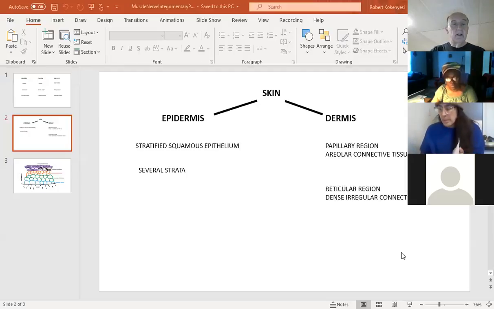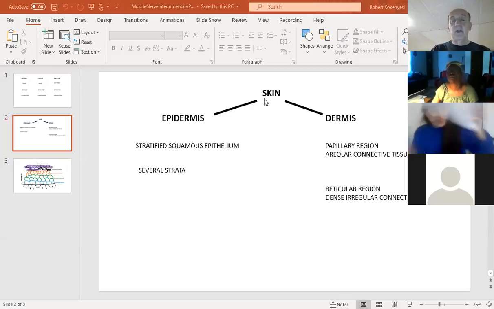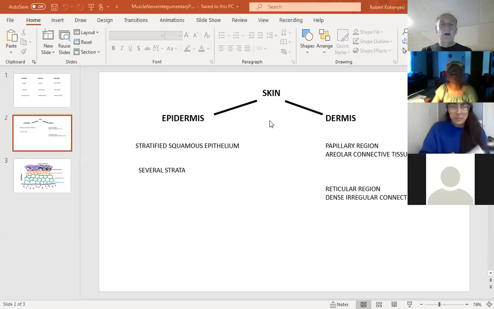On the second PowerPoint slide, here's a very simple structural division of our skin. Our integumentary system will need appendages in addition to skin, but skin provides the basic scaffold structures to our entire integumentary system. So it's a good place to start.